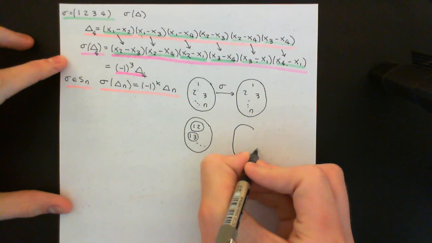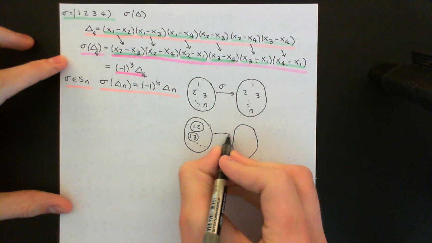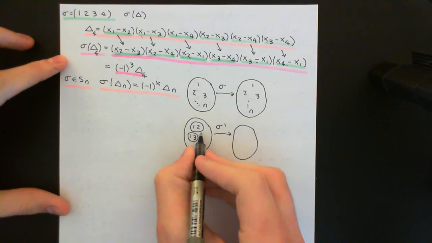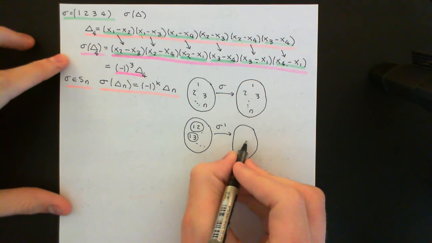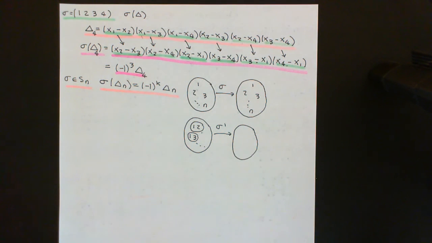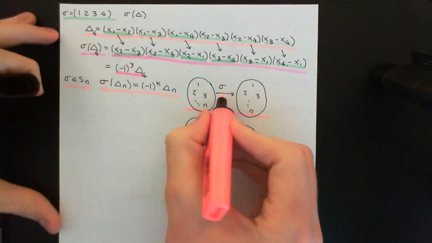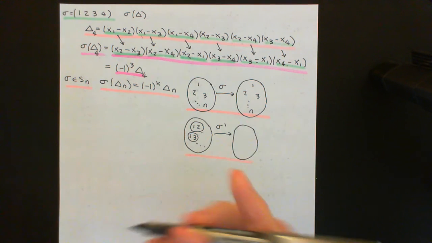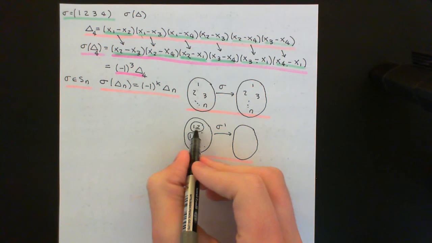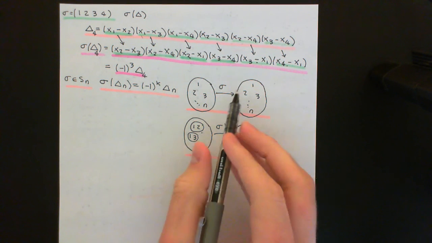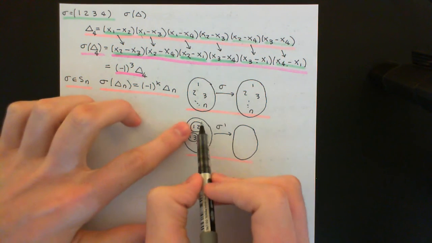I claim that from sigma I can create a very natural map, I'll call it sigma prime here, from the set of pairs to the set of pairs, which is going to still be a bijective map. And the reason it will be bijective is because sigma is bijective. And in fact the way I'll define sigma prime is it will just go to a pair here and it will map each of the elements of the pair onto what sigma would map them onto.